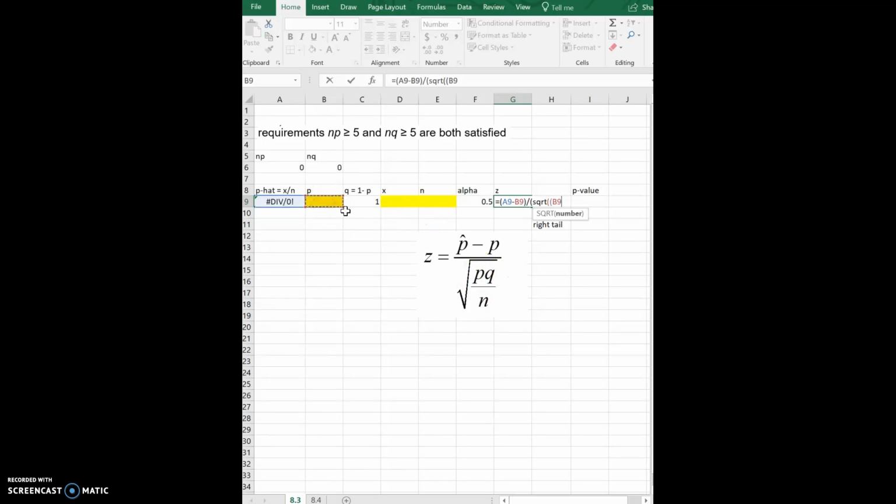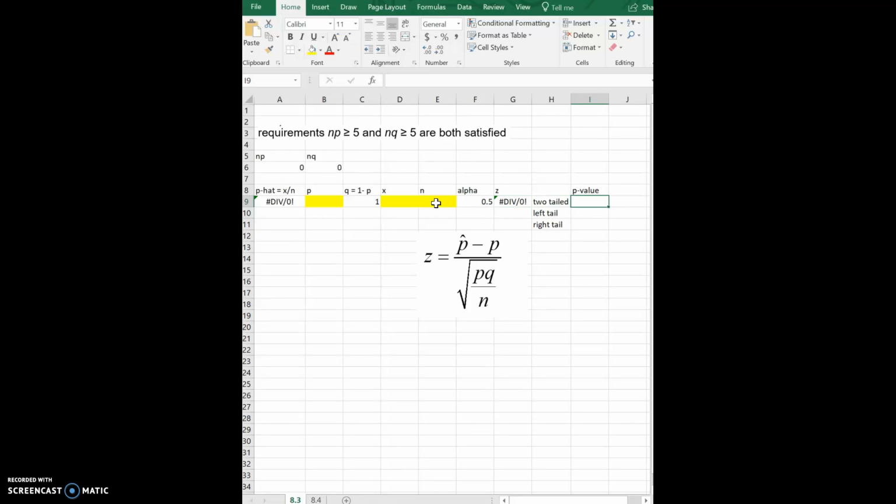Then we have p times q on the numerator, and then in the denominator is n. Then we're going to close the parentheses, and you need to close them again. Now we've entered in our z.